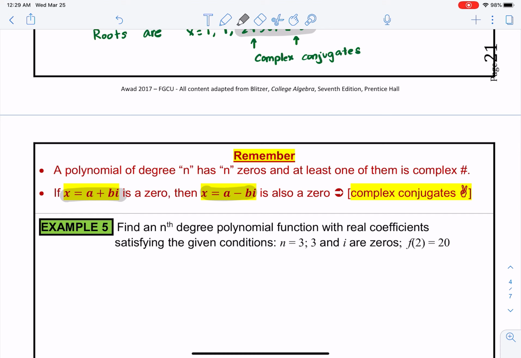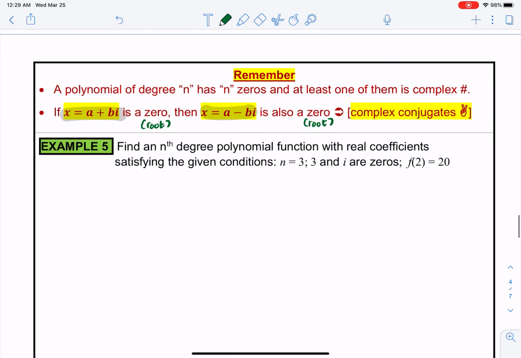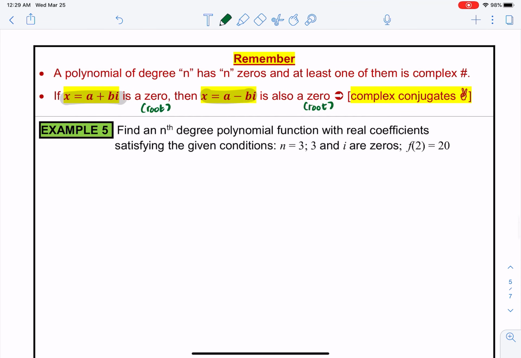Root, they mean one and the same, just to avoid confusion. So zero and root, they are the same. If you have a zero that is complex, there has to be a conjugate, a complex conjugate, which would also be a zero.